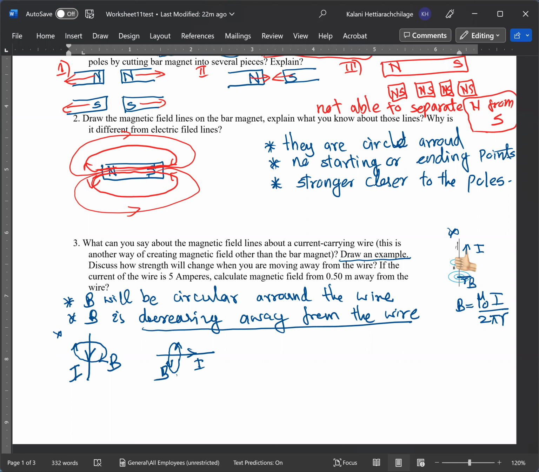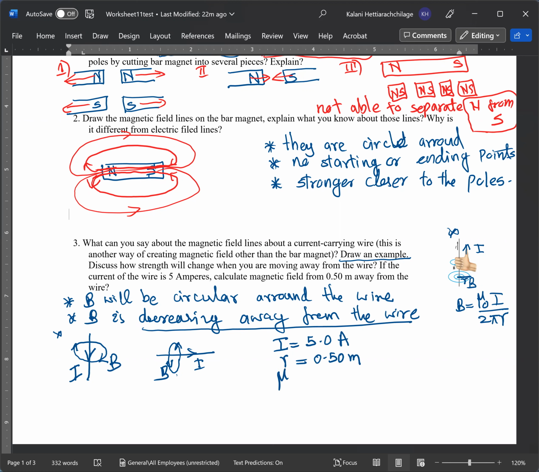Okay, so now there is a question. If the current of the wire is 5 amps, calculate the magnetic field at 0.5 meters away from the wire. So now the information is given. I is given, that is 5 amperes, and R is 0.5 meters, all in SI units, and that's all we need.